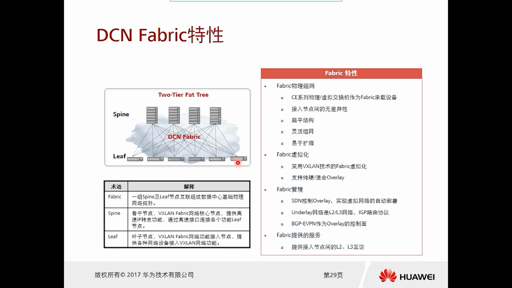In large scale data centers, we generally use the CE12800 as the spine, and the leaf is just some TOR devices, exactly the access layer switches, such as the Huawei Data Center CE5800, 6800, 7800 and 8800. These access layer switches form this fabric of DCN. DCN refers to Data Center Network. Data Center Network Fabric. So this is our fat tree networking.